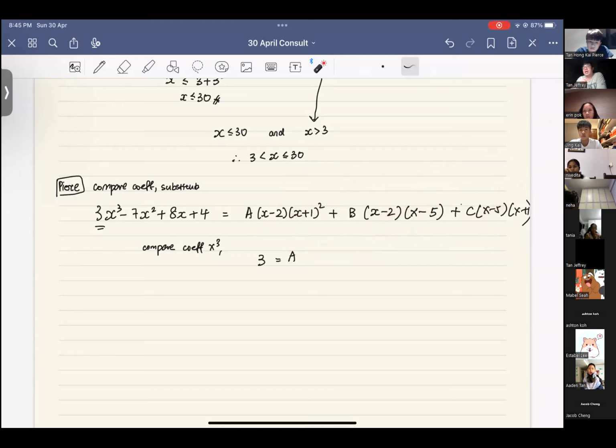Okay, you cannot do purely one method because that will make things very difficult. But what if you don't simplify but use the C to substitute? What if I just purely substitute?